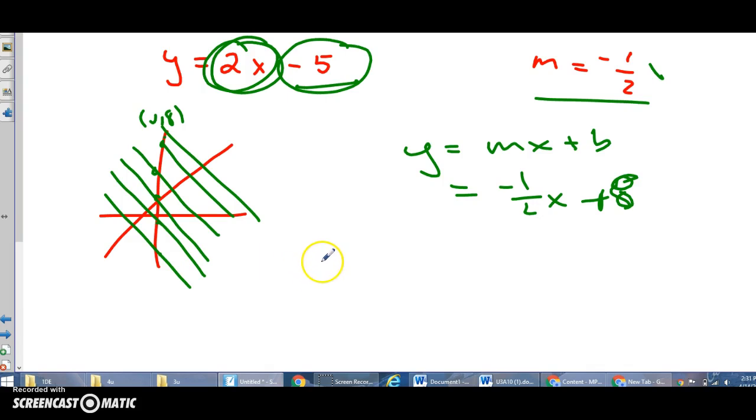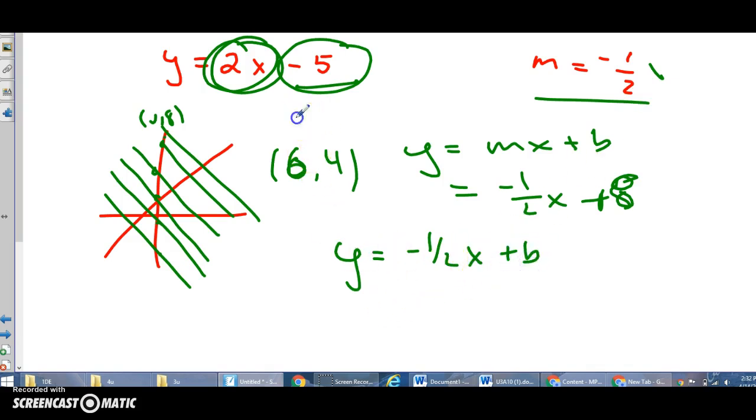But the hardest question is just like the previous question that I did with parallel lines. Let's say I want to find a line that's perpendicular to this and passes through the point, not 0, but 6, 4. Okay, so it passes through the point 6, 4 and is perpendicular to this. I know it's perpendicular, so I know my m is, like I said, -1/2. And I don't know what b is.